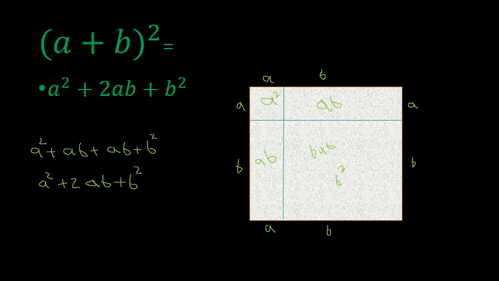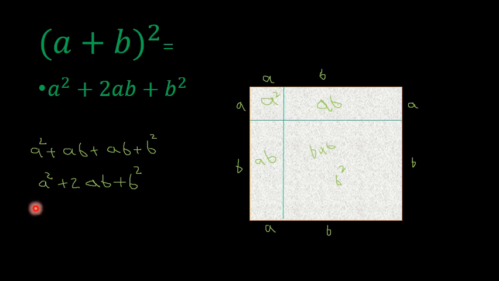Same like this, we will find the area of the other rectangle, and its area will also be equal to AB. Now you can see that here are the four figures.